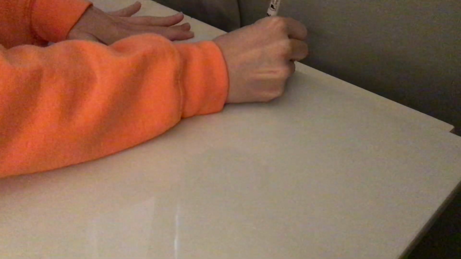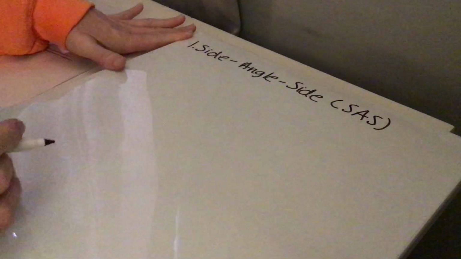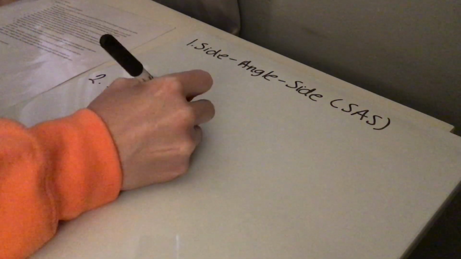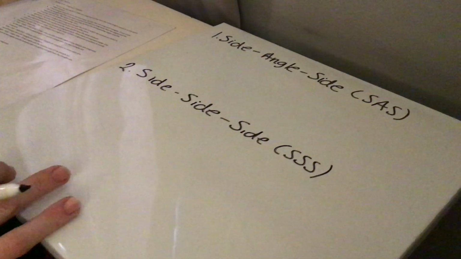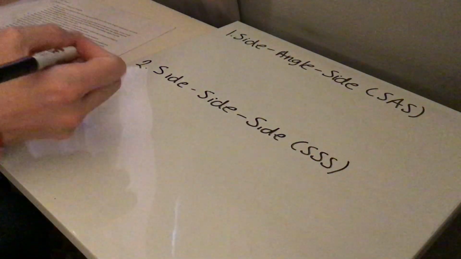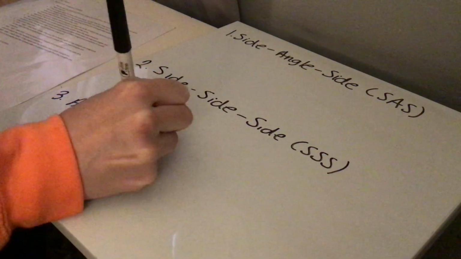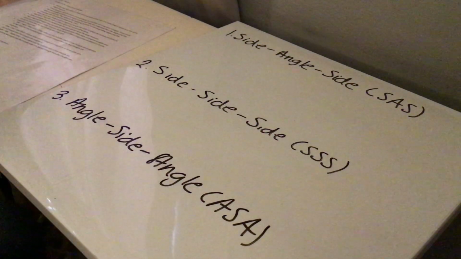And the ways we have are something called side angle side. And for short, we say side angle side, so SAS. We could use something called side side side, or SSS, or we could use angle side angle, so ASA for short, okay?